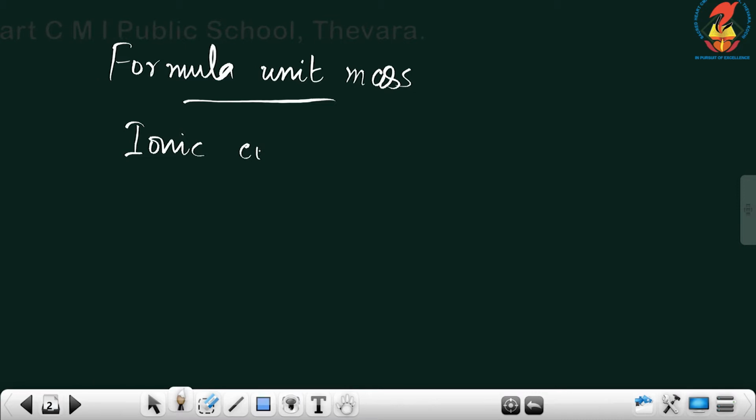Why do we change molecular mass to formula unit mass for ionic compounds? I will give you an example: sodium chloride, the common salt we use in houses, is an ionic compound.